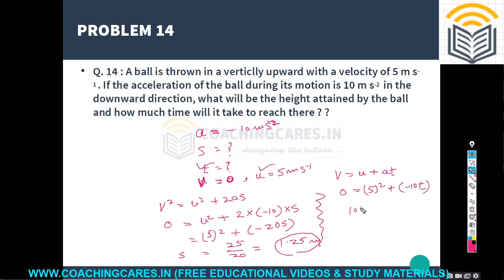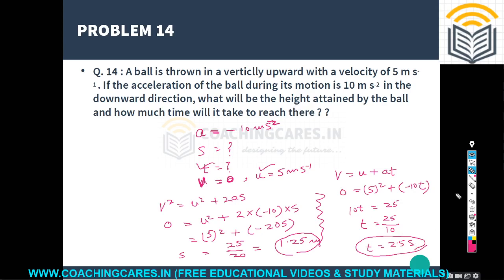So that will be 10 t equal to 25, then t is equal to 25 by 10. So finally t is 2.5 seconds. This is the final answer. The time taken by the ball to reach the maximum height is 2.5 seconds.